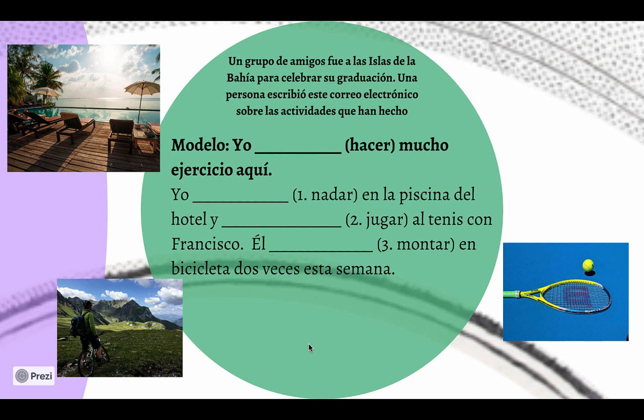Una persona escribió este correo electrónico sobre las actividades que han hecho. All right, so you have a group of friends here that went to an island to celebrate a graduation. And a person wrote an email to describe what they have done.